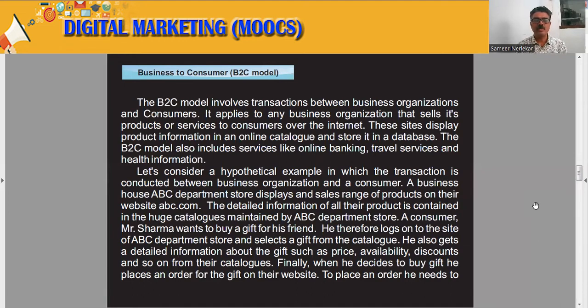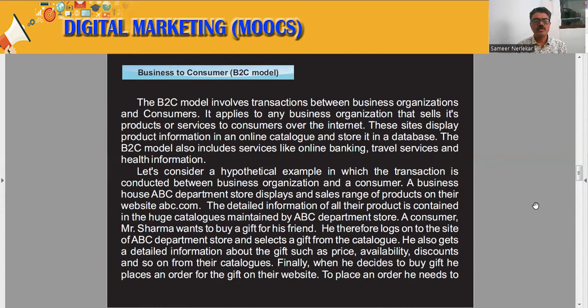Let's consider a hypothetical example in which the transaction is conducted between a business organization and a consumer. A business house, ABC department store, displays the sale range of products on their website abc.com. The detailed information of all their products is contained in huge catalogs maintained by ABC departmental store.